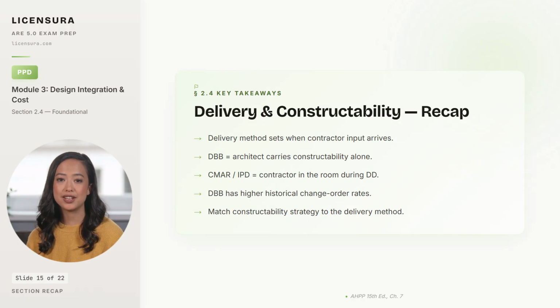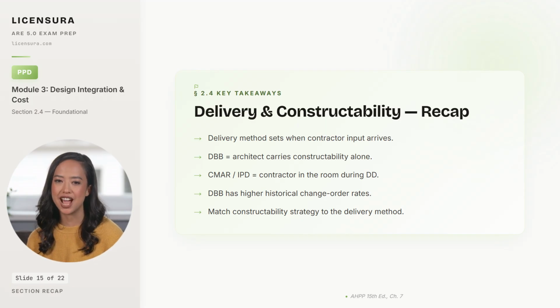4 takeaways on delivery methods and constructability. Delivery method sets when contractor input arrives in the design, and the answer to the exam question hinges on which method the scenario describes. In design bid build, the architect carries the constructability burden alone, with no contractor in the room until the documents are bid, and the architect is the only professional accountable for whether the design can actually be built.